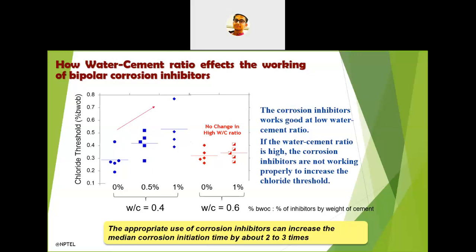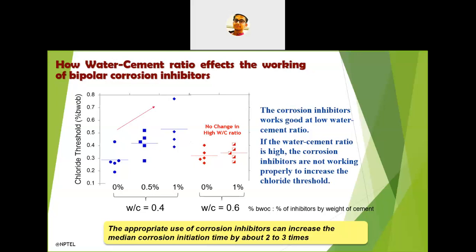But in the case of water cement ratio 0.6, no significant increment in the chloride threshold was noticed. So we can conclude from this graph that using corrosion inhibitors with a higher water cement ratio will not give you a good result. Corrosion inhibitors work well at low water cement ratio.